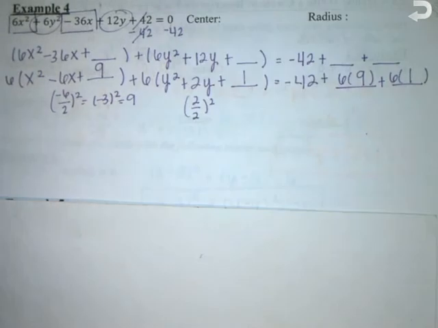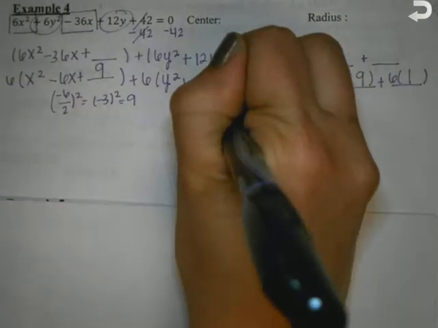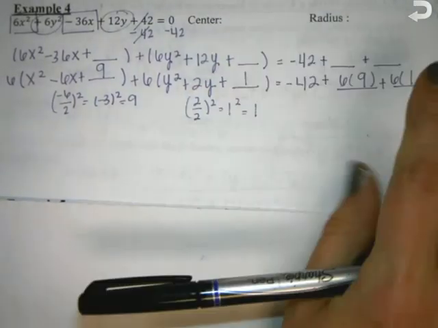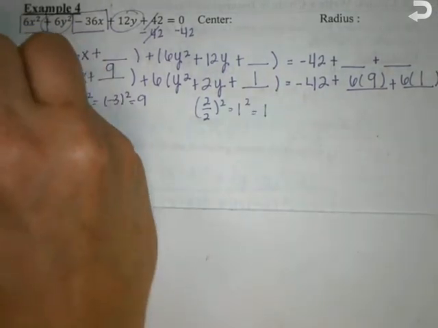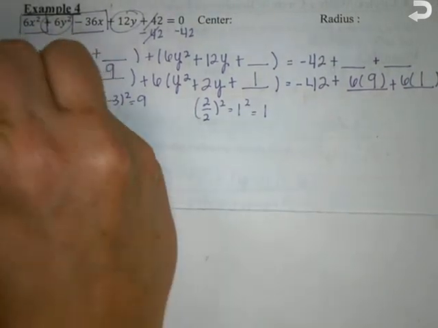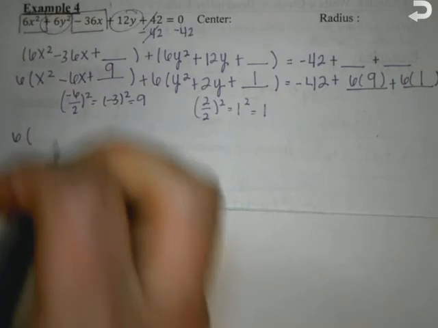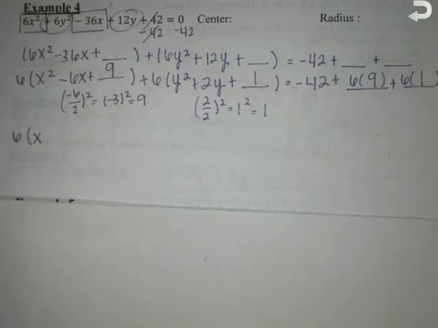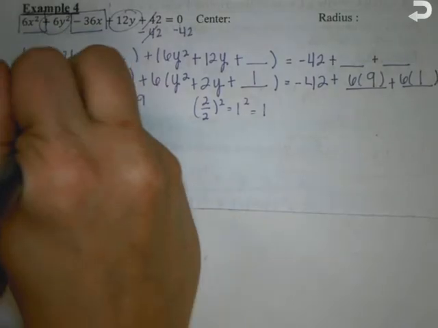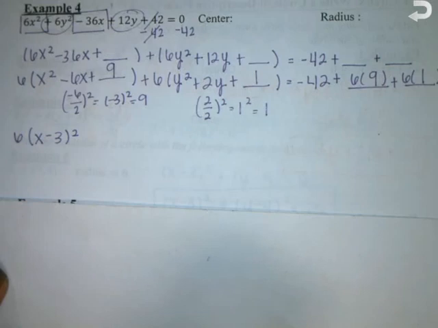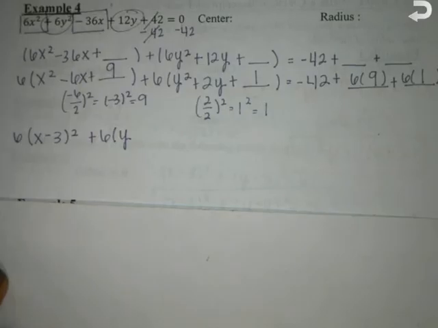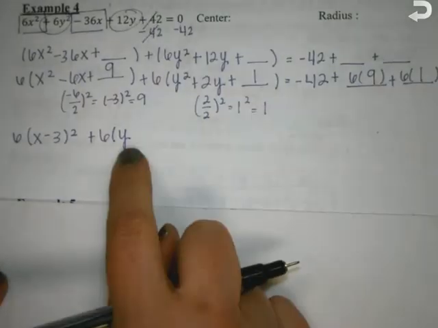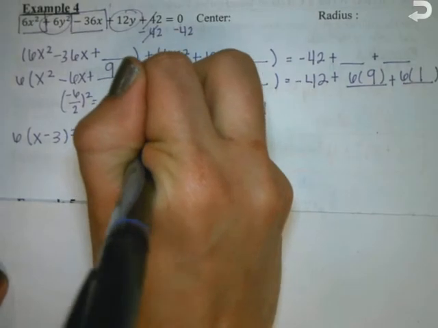Okay, so let's factor these x's. How would the x's factor? X minus 3 squared. Good. Plus 6 times y. And what does this one become? Plus 1 squared. Equals, okay, this is negative 42 plus 54 plus 6.